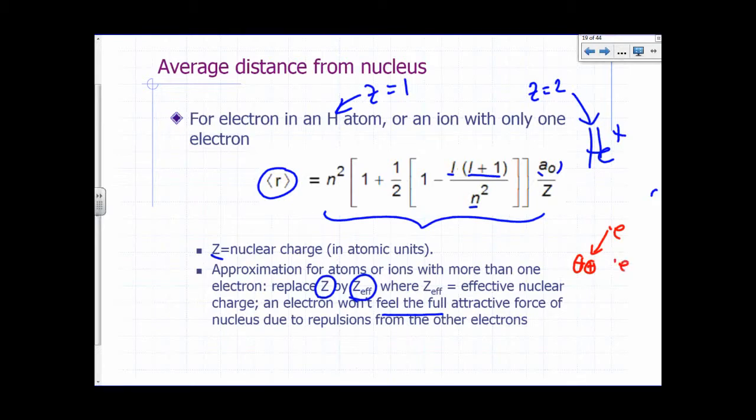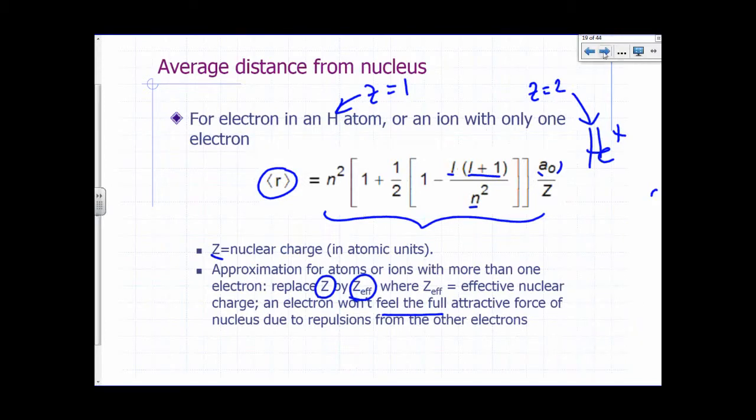But if there's another electron there, the attraction to the nucleus will be partially offset by the repulsion from the other electron. So an electron in a helium atom would be able to move a little bit farther away from the nucleus than an electron in helium plus. So this is the formula you can use to calculate the average distance.